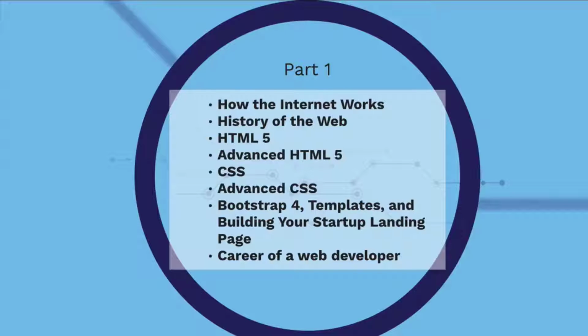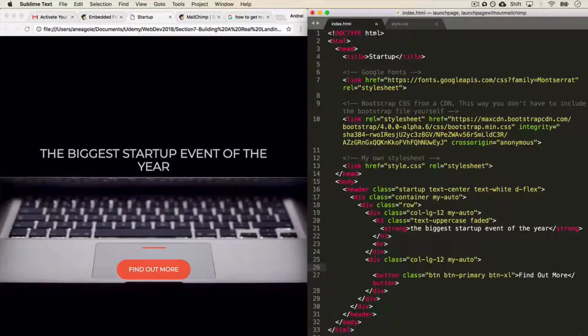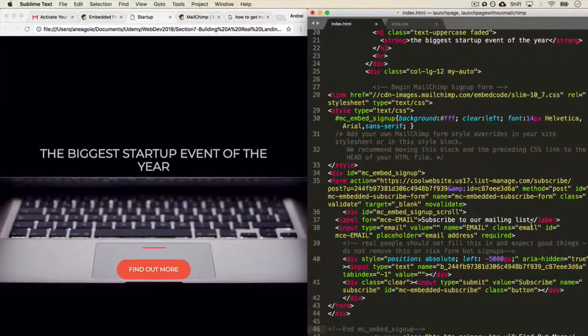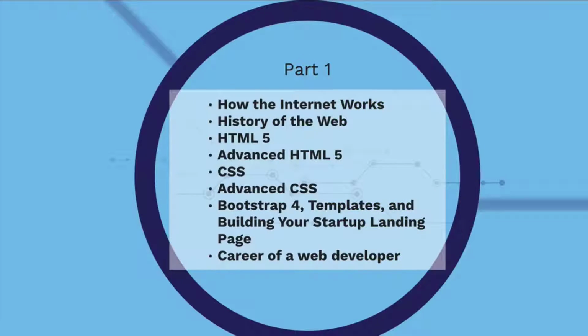Once we've mastered how to work with websites using HTML and CSS, we'll then start learning about Bootstrap 4, templates, and building your own startup landing page that accepts emails and will actually store the emails of users as people who are interested in your startup. A very useful skill that you'll definitely need in your career, or if you have a business idea that you want to pursue. And I'll show you how some freelancers are making a living working remotely using just these tools, and how you can use them as well.